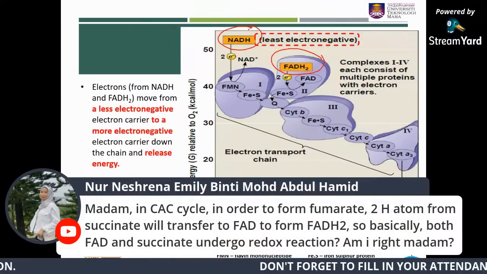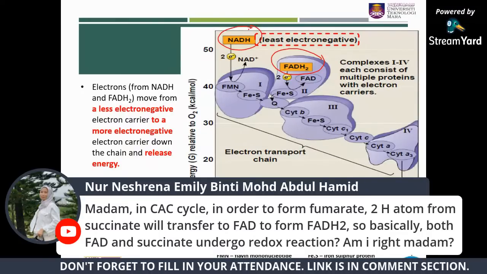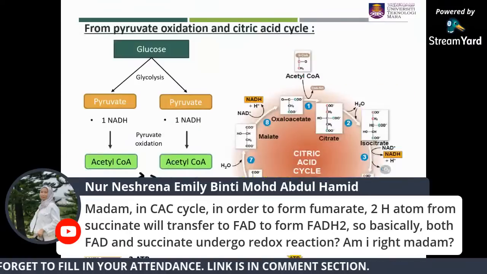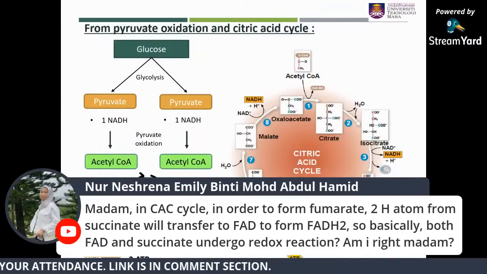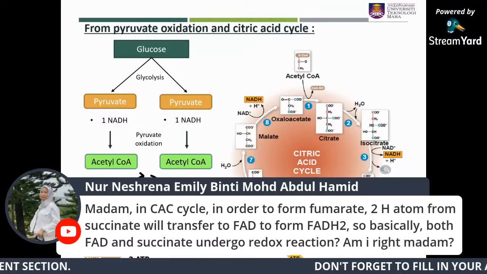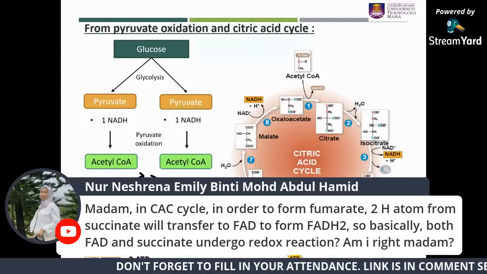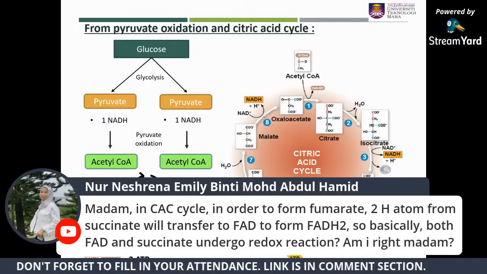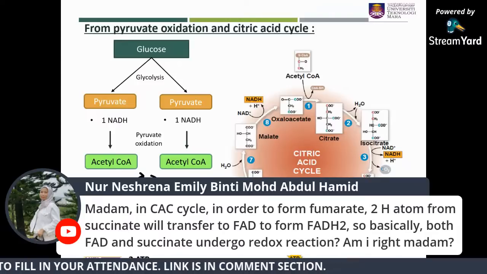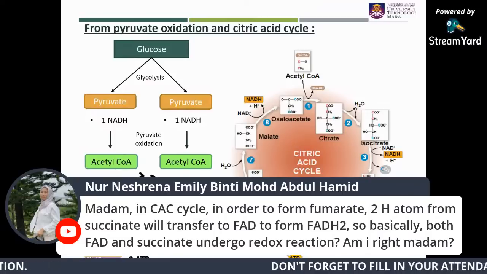Next question, in order dalam citric acid cycle. Let's see citric acid cycle. Okay, apa soalan dia tadi? Sorry, tak nampak soalan. Fumarate, 2H atom. Fumarate from succinate will transfer to FAD to form FADH2.